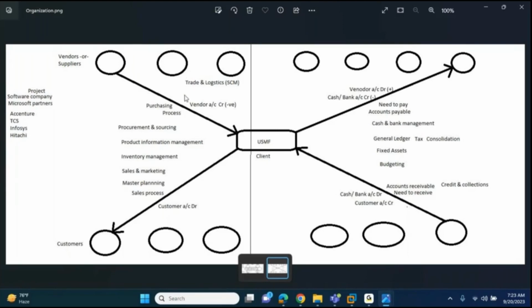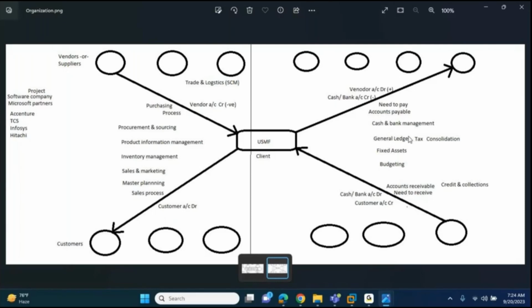So you need to learn the purchase process and sales process. If you want to learn this in depth, this is a part of trade and logistics. Once you purchase the material, you need to pay money to the vendor, that is the accounts payable module. And you need to receive money from the customer, that is the accounts receivable module. Usually it will not be cash, it will be bank, so you need to understand cash and bank management.